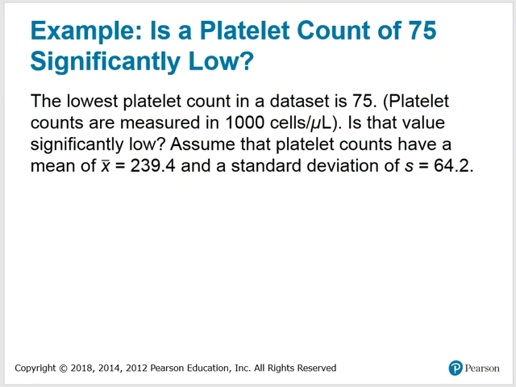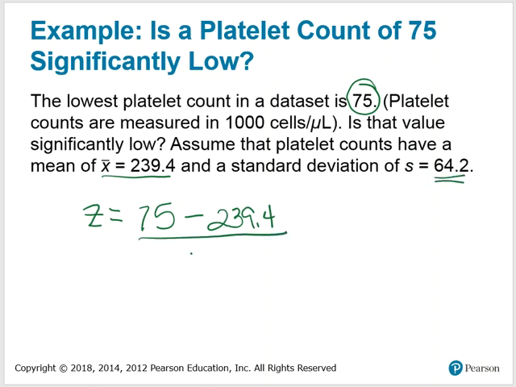So here's an example dealing with platelet count. The lowest platelet count was 75. We want to know, is that significantly low? The mean is 239.4 and the standard deviation is 64.2. So z equals the number we're focused on, which is 75, minus the mean, divided by the standard deviation.